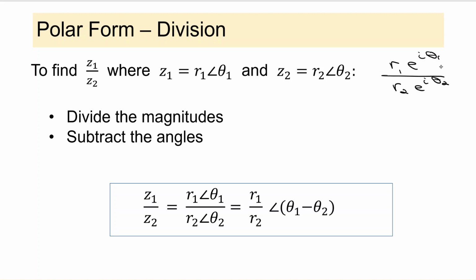And then what happens here? How can I simplify the e's? So common bases. So what am I going to do? I'm dividing now. So I'm going to subtract the exponents. So what does that leave me with? It means I'm going to be dividing the magnitudes and subtracting the angles. So if you're doing division, you divide the magnitudes and subtract the angles.